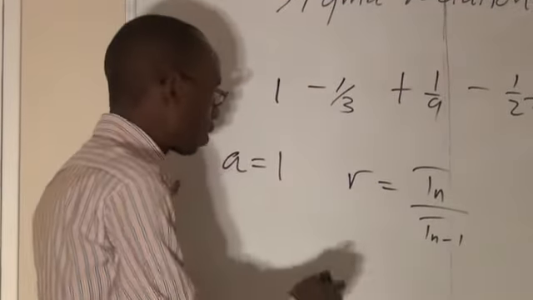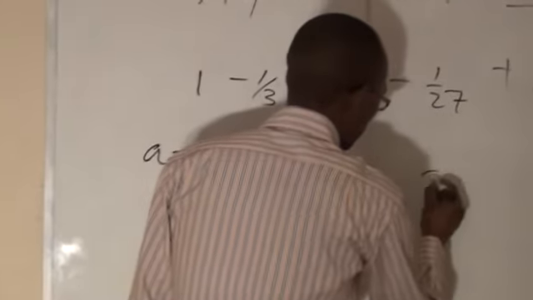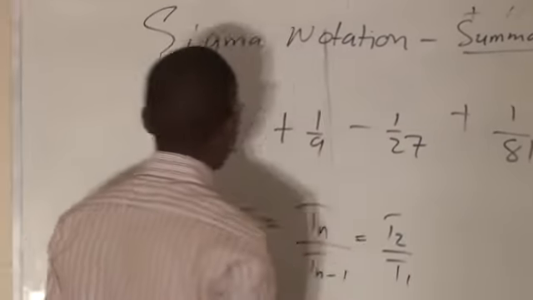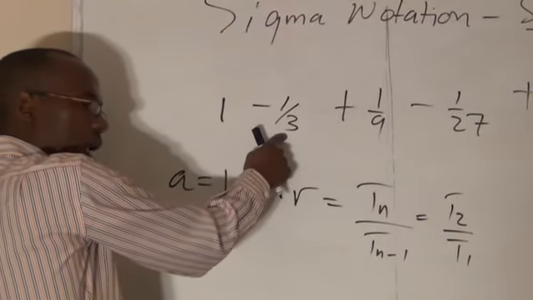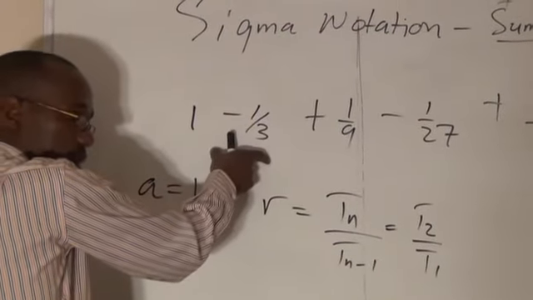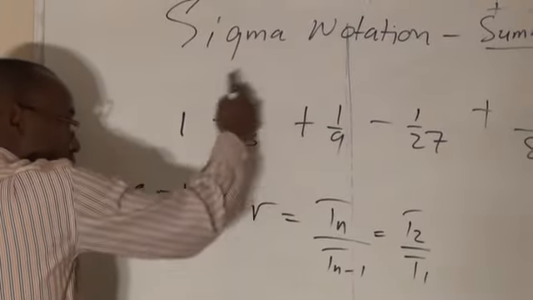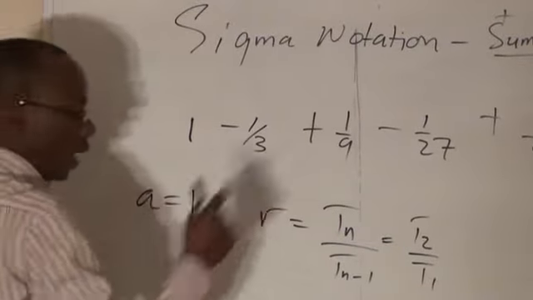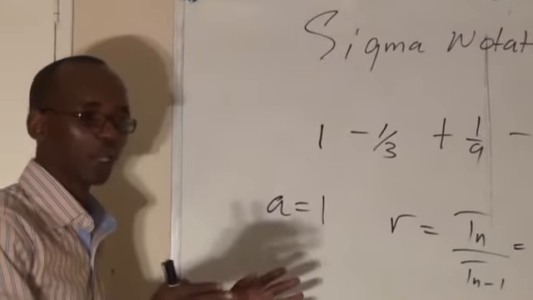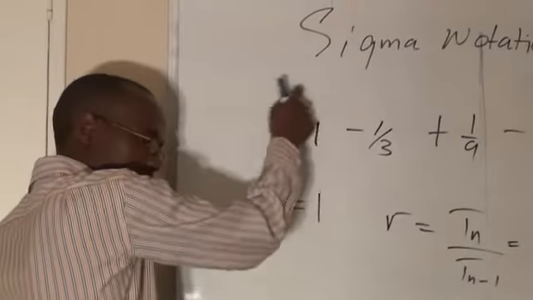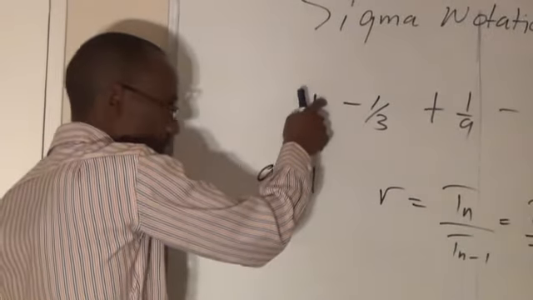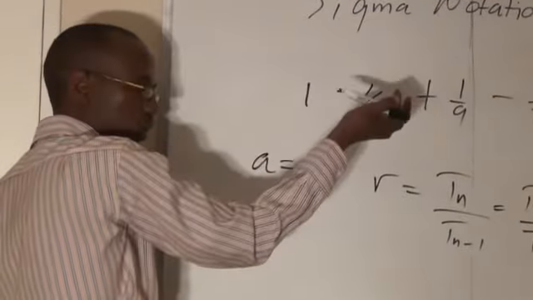So let's take a look at T2 over T1. T1 is plus 1.